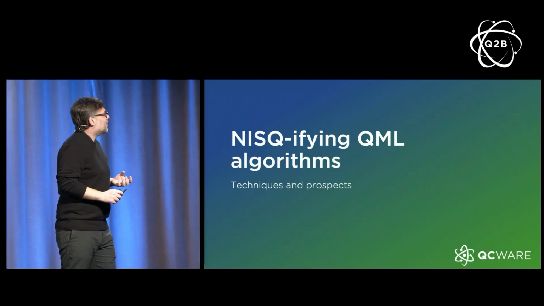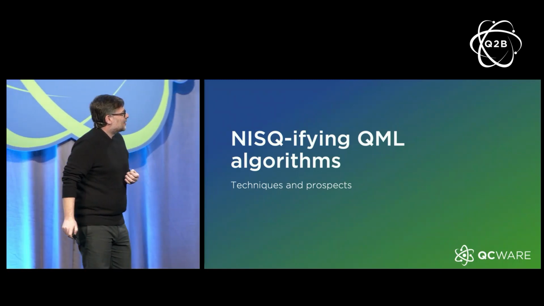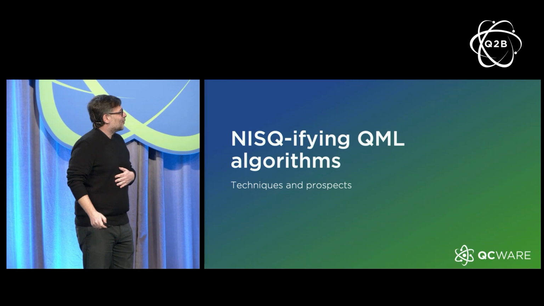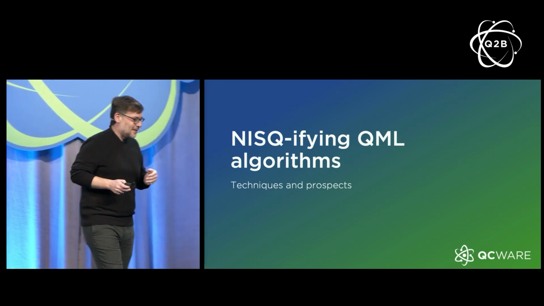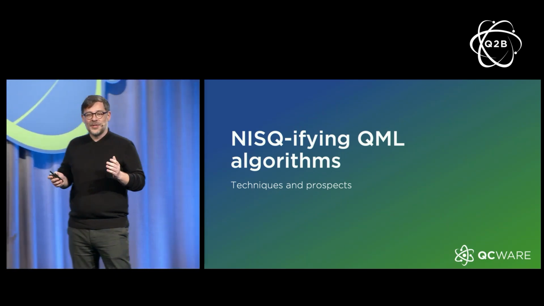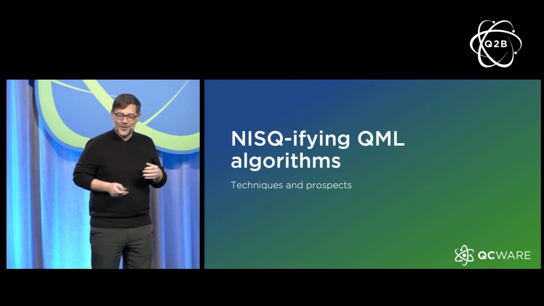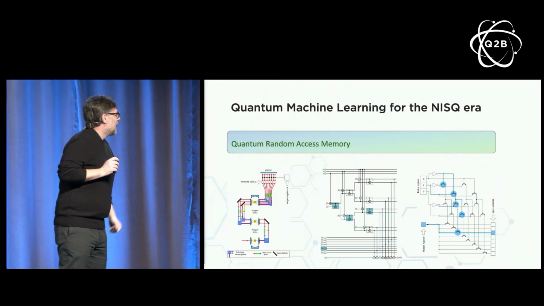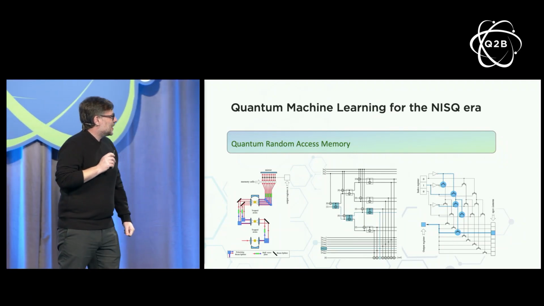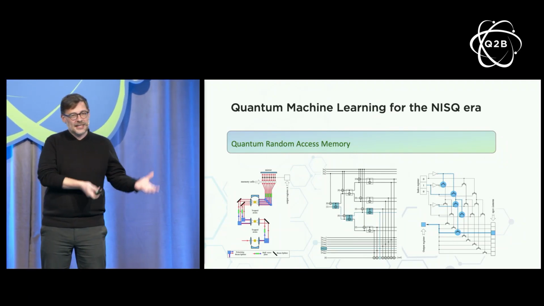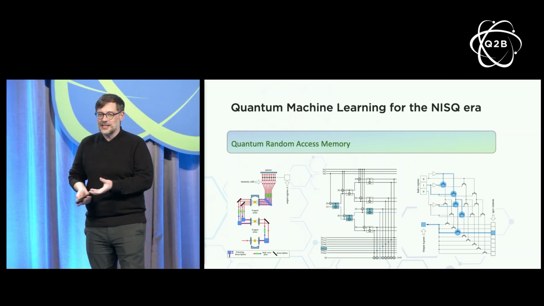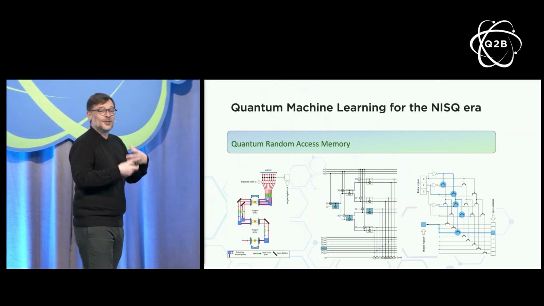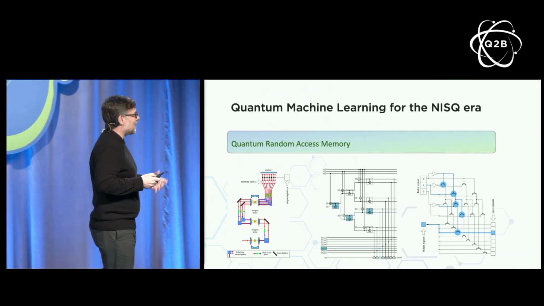So here are some of the things of what we are trying to do. So you know what NISQ is. I think it's so popular now that we can even use it as a verb. So we are now NISQifying the QML algorithms. So one aspect is, as I said, how do we load classical data into the quantum machines? This is one of the assumptions that we made in order to get all these amazing speed-ups that we had.